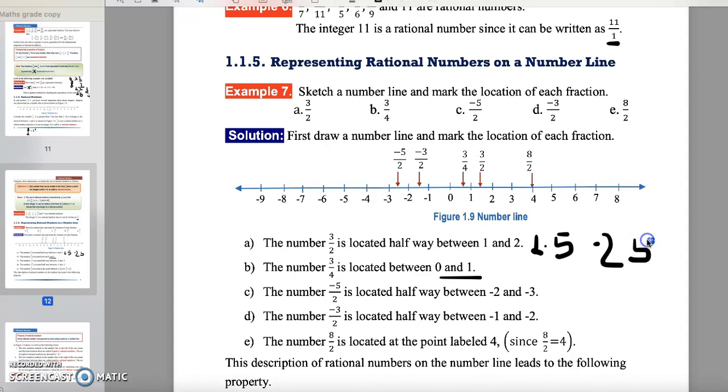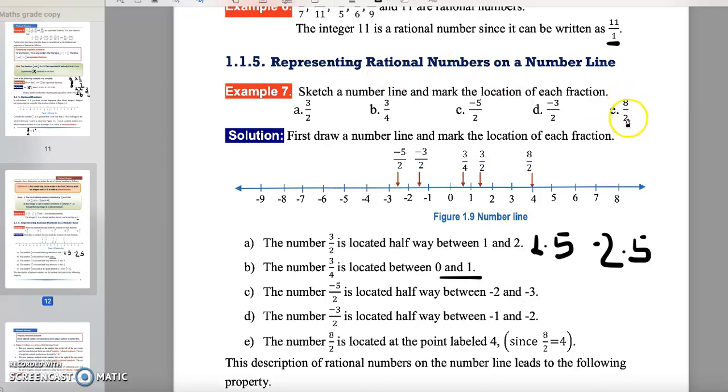This number, negative 2.5, is placed between negative 2 and negative 3, because 2.5 comes after 2. So there's negative 2, there's negative 2.5, and there's negative 3. So it's actually halfway between negative 2 and negative 3. So this is how we locate rational numbers on the number line.